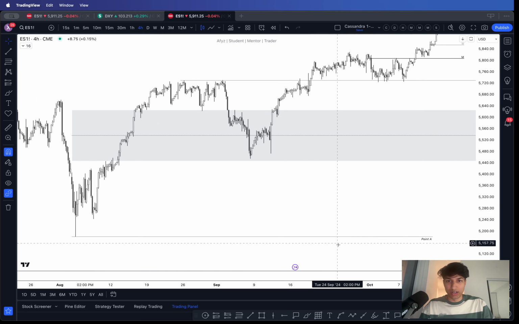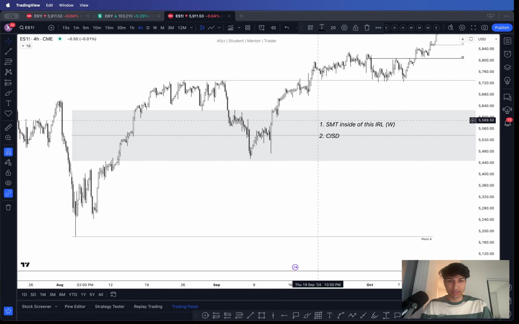What we look for in all instances for a reversal is the following. One, we want to see SMT inside of this internal range of liquidity. In this case, it's the weekly. Now what we want to see is a change in state of delivery on this 4-hour chart. We want to see a market structure shift and some displacement higher.